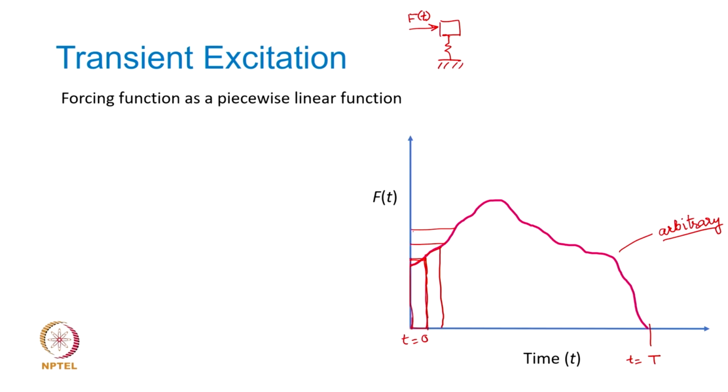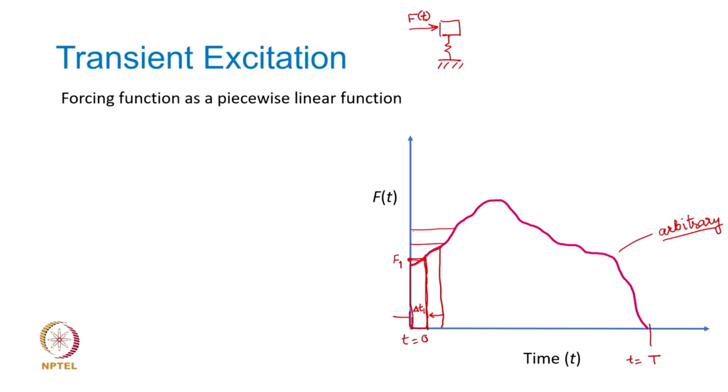So, this force will have a value of, let us say, f1 at t equal to 0 and will last for a short duration, which I may call delta t1. Now, a finite force acting for an extremely short duration of delta t1 is going to act like an impulse on the mass.